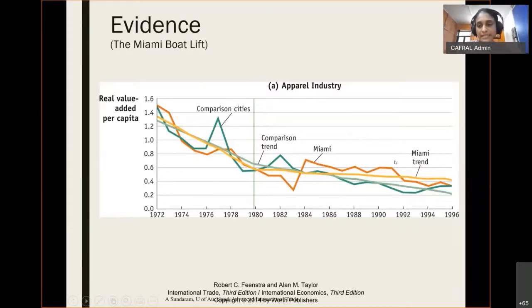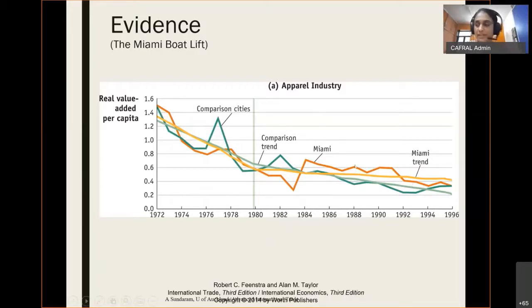What you will see is that the Miami trend for apparel, now apparel production is generally decreasing over this time period, but that's fine. But if you look at it relative to comparison cities, Miami's apparel trend is not as downward sloping as for other cities. So comparatively, Miami is actually doing much better. It's producing way more apparel than comparison cities.